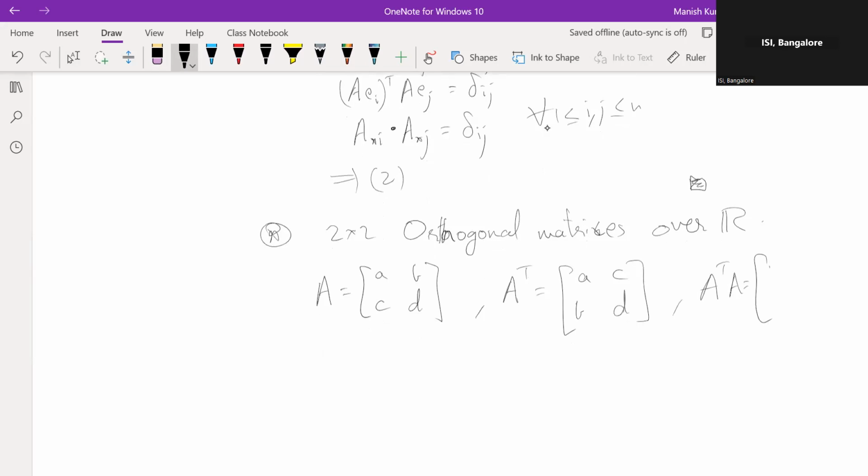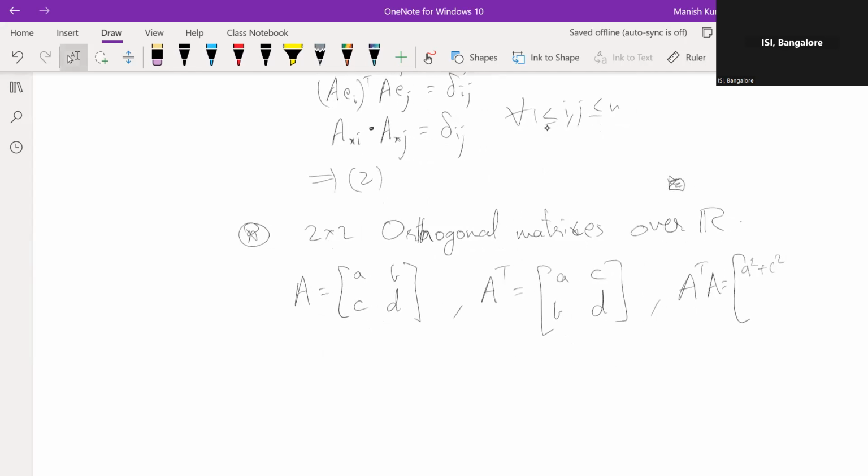So what is A transpose A? A square plus C square, and let me know if I make some mistake, AB plus CD. Again AB plus CD, and it should be a symmetric matrix because A transpose A is symmetric; you transpose, you get the same thing.